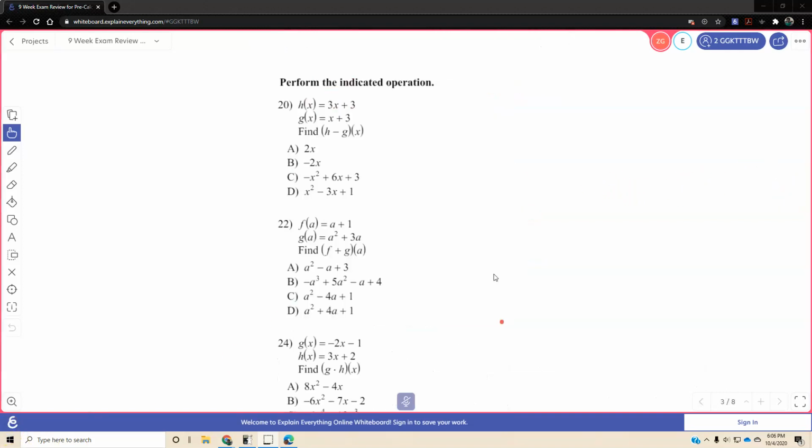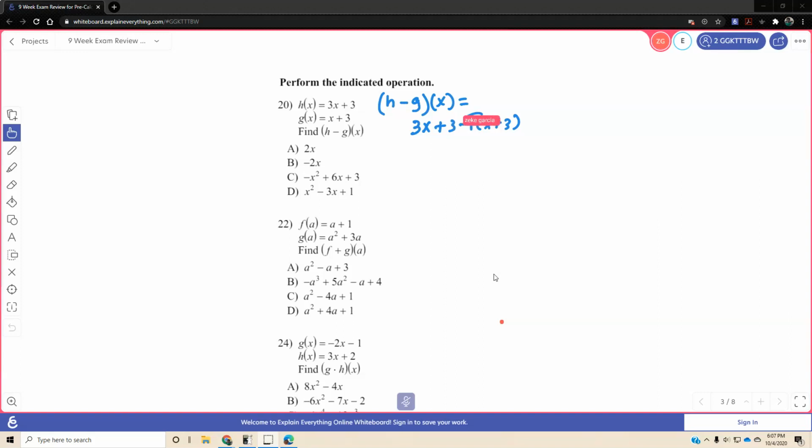The next type of problems is actually function operation. This one says h minus g. So it's going to be 3x plus 3 minus parentheses x plus 3.